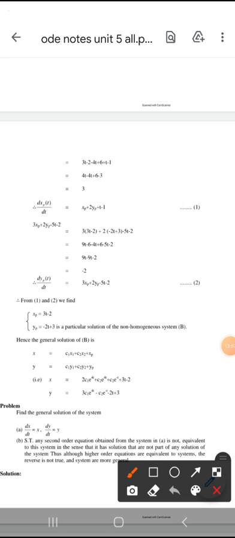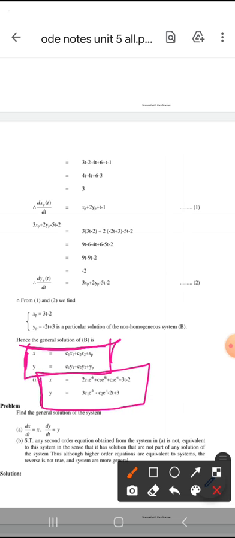Hence, the general solution of B: in these two equations, we substitute the respective values of x1, x2 and xp. Thus, we get two new equations and that is the solution.